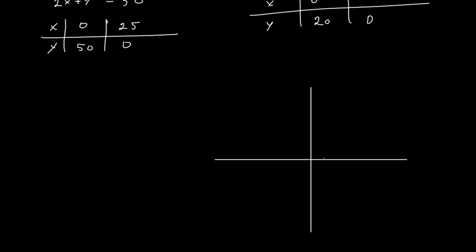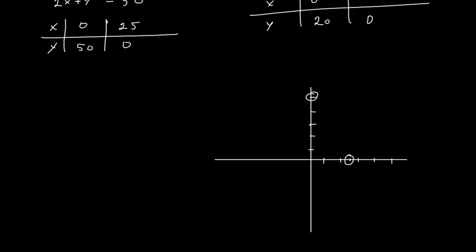We make divisions like 10, 20, 30, 40 and 50. Here also 10, 20, 30, 40 and 50. Then 0 comma 50 is this point, and 25, 0. So 10, 20, 25 will be somewhere here. So this point is 25, 0.